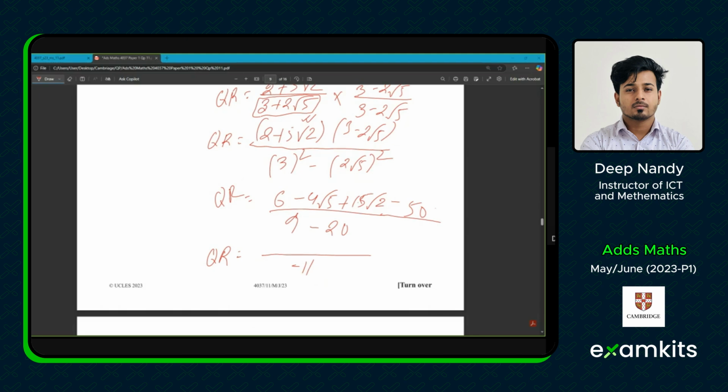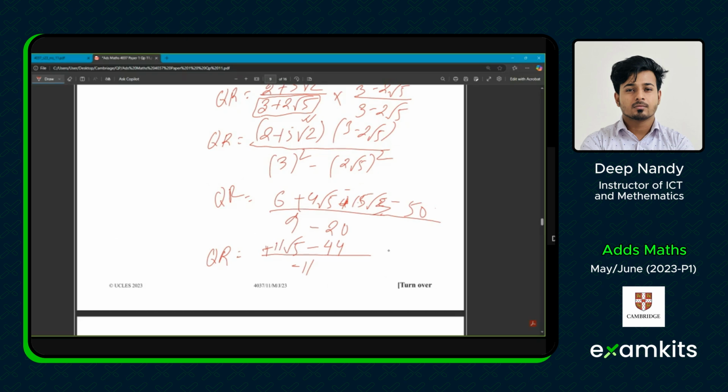So that's 15 root 5 here. So if we now solve this, it's getting minus 11 root 5 and minus 44. 11 root 5 minus 44, I had some issues in the plus minus.